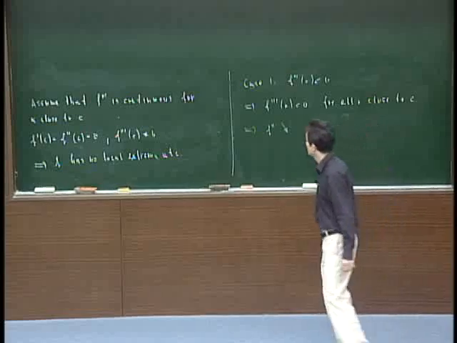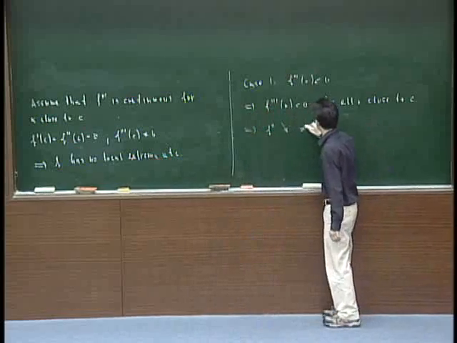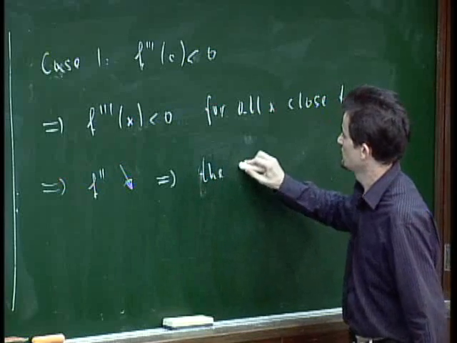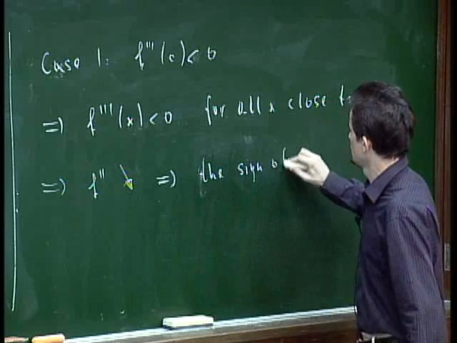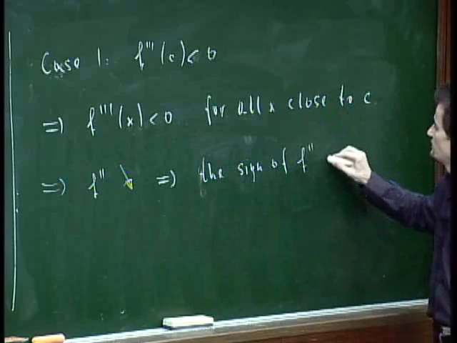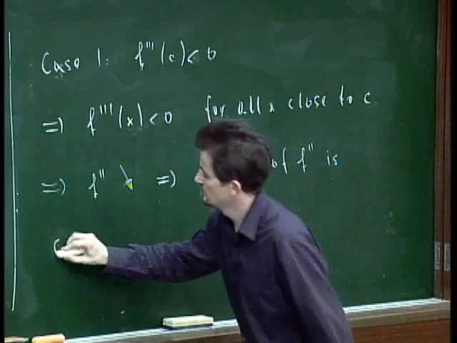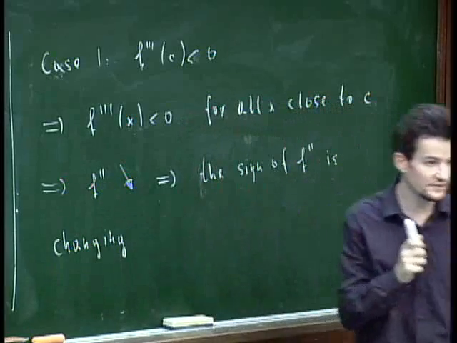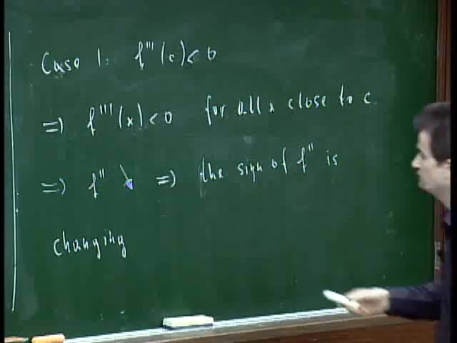So the sign of the second derivative is changing, but this means by definition that f has an inflection point.